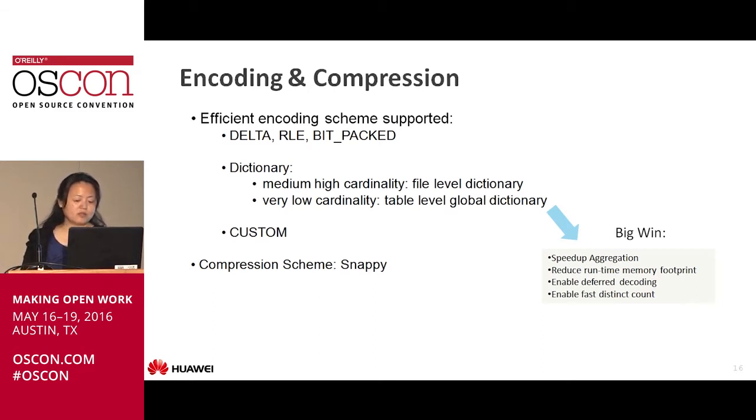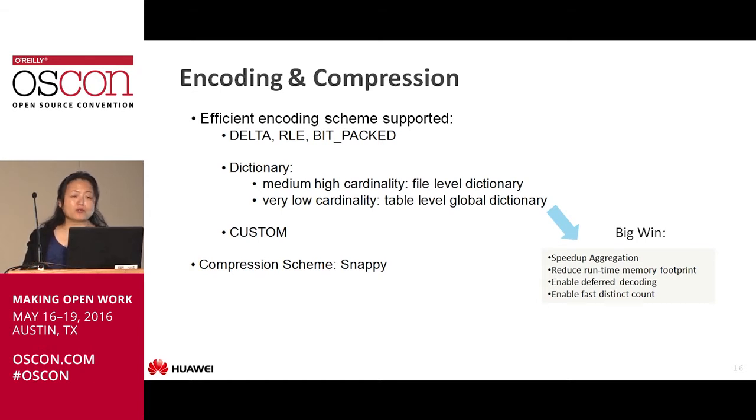With the global dictionary, we also allow fast distinct count by leveraging a bit set, which is an additional optimization we have done for distinct count. So overall, this global dictionary encoding enables us to save both I/O cost as well as CPU cost. So this is a big performance optimization.